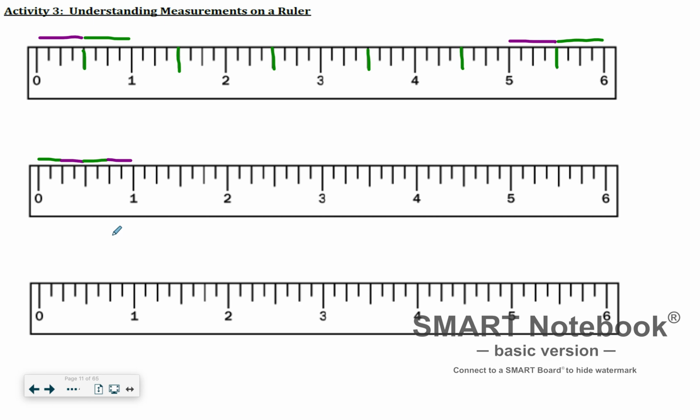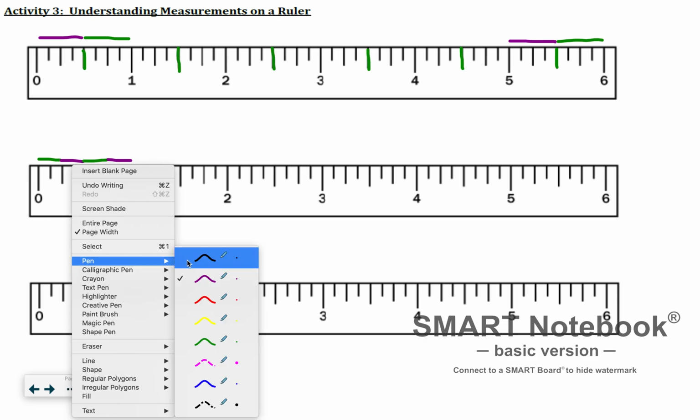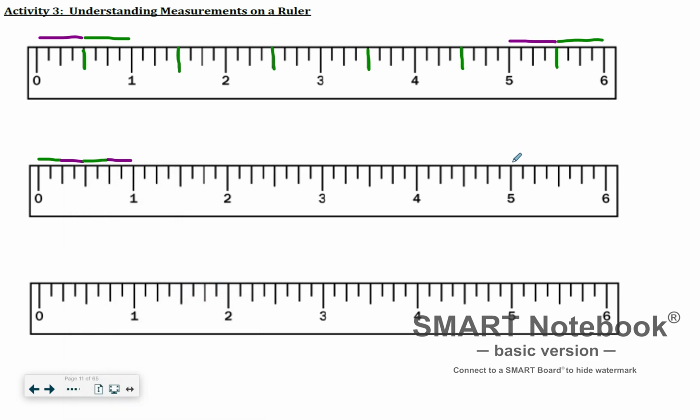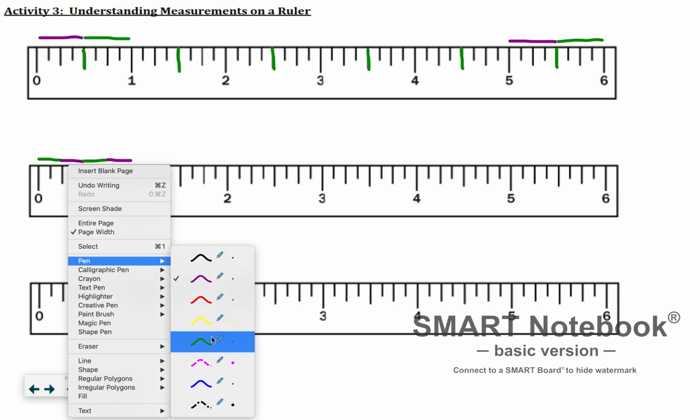These lines represent 1/4 of an inch. That's not the only 1/4 of an inch. Every single time, between every 2 numbers, you will find 1/4 of an inch, just like you did with 1/2 of an inch.